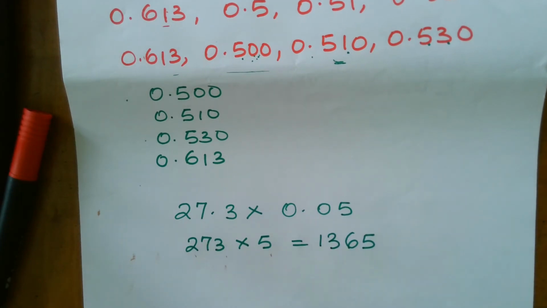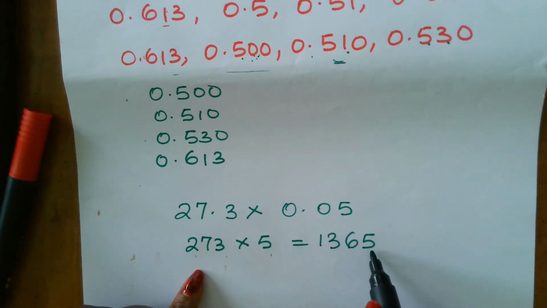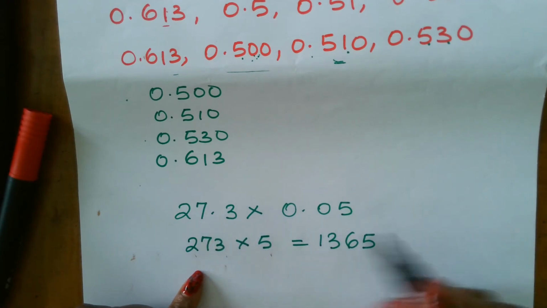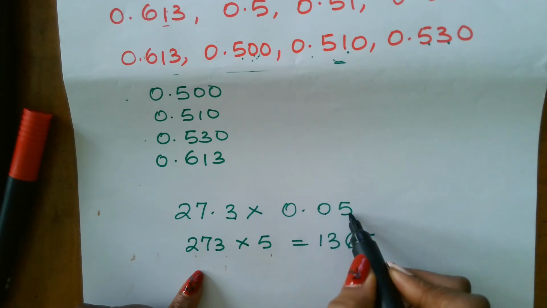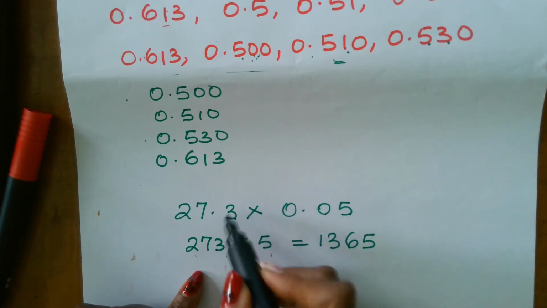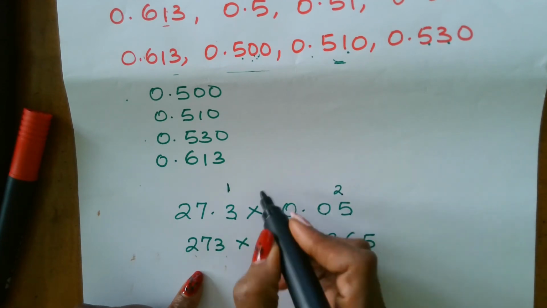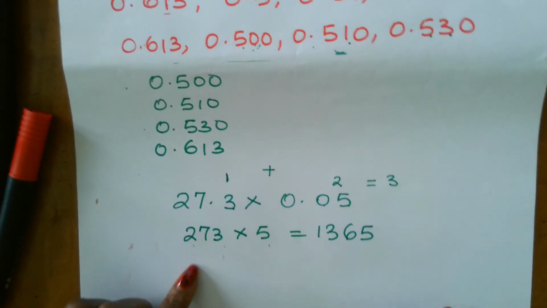So we have our answer as 1,365. Now, counting the number of decimal places in the question, we've got 1 decimal place, and then we've got 2 decimal places. So we add them together to give us 3 decimal places.